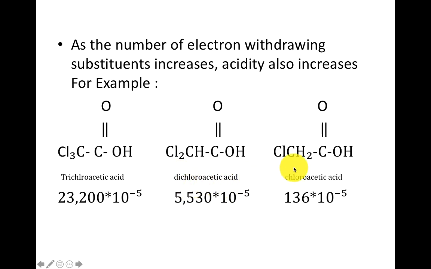Dichloroacetic acid is more acidic when compared to chloroacetic acid, and this is with respect to the Ka values. So it is also giving the same reference. See, it is 23,200 into 10 power minus 5 Ka value, 5,530 into 10 power minus 5 Ka value, and this is 136 into 10 power minus 5 Ka value.